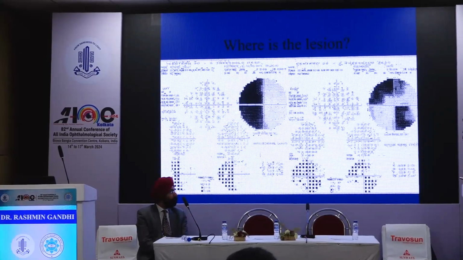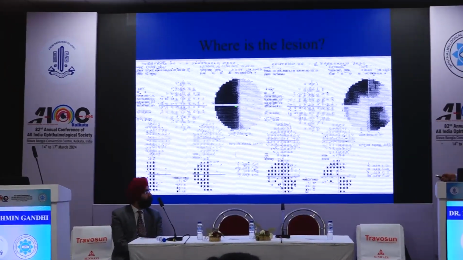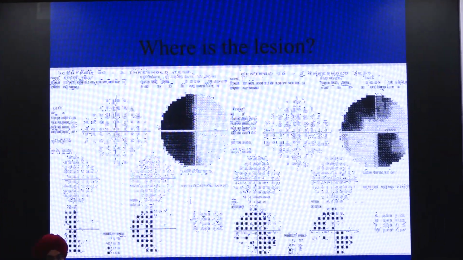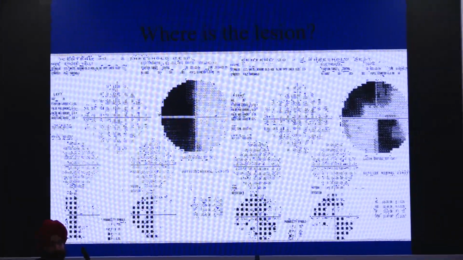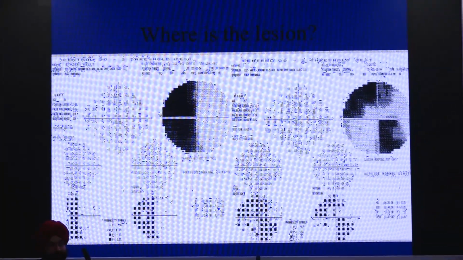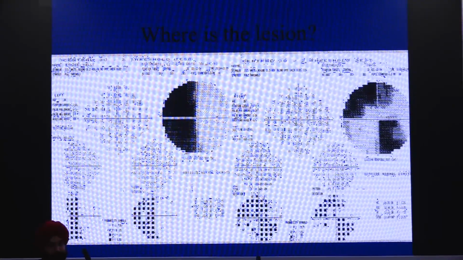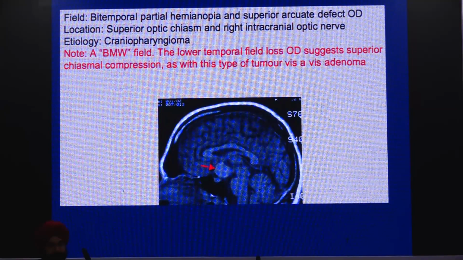So now you know that there is a bitemporal defect, chiasm being compressed from above, and because the right side optic nerve also is showing extra defect, you know that that particular lesion is also veering towards the right optic nerve. So the bitemporal chiasmal problem with a lesion going towards the optic nerve is how you will localize the lesion just by looking at the fields.